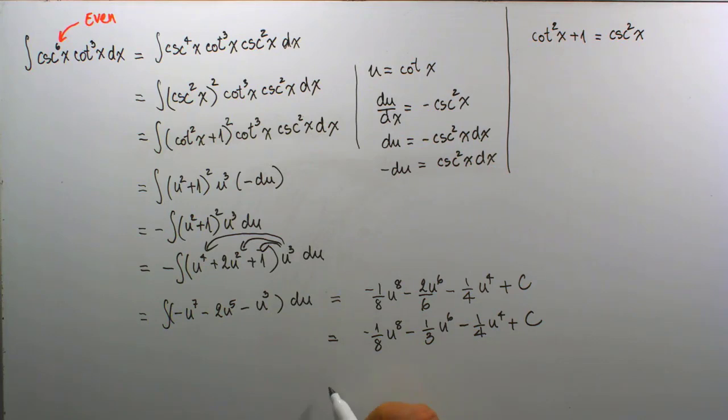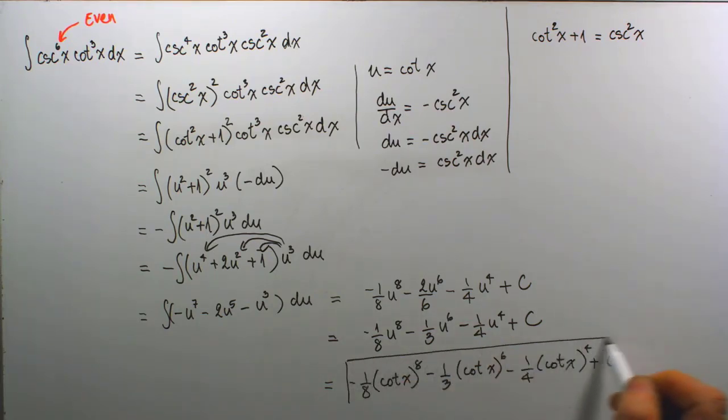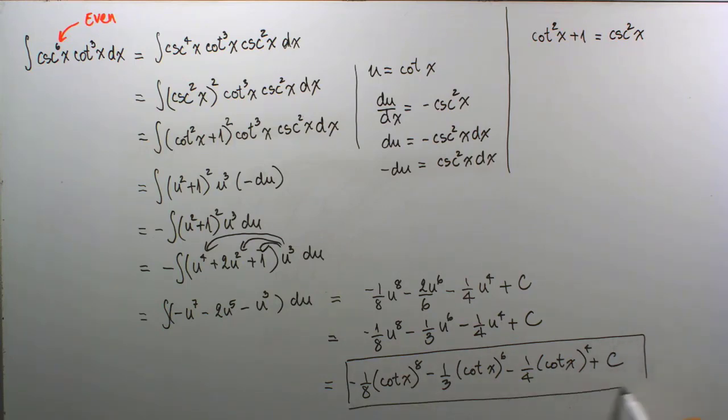And so that will make it minus 1/8 times cotangent of x to the 8th power minus 1/3 times cotangent of x to the 6th minus 1/4 times cotangent of x to the 4th plus c. So this is one way how you can write your final answer.